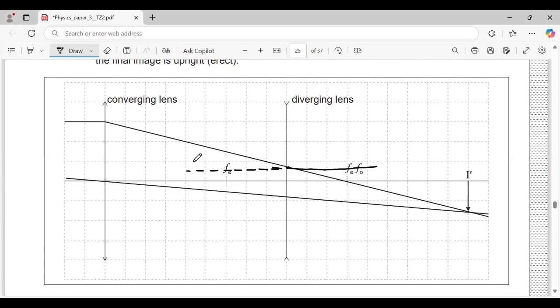And after that, a straight line through this point.